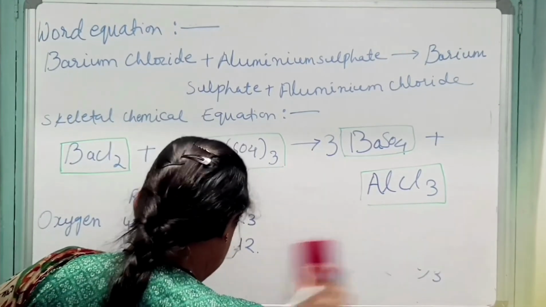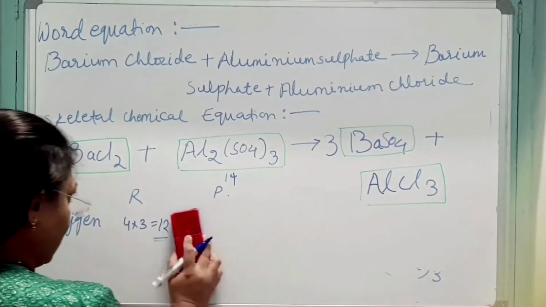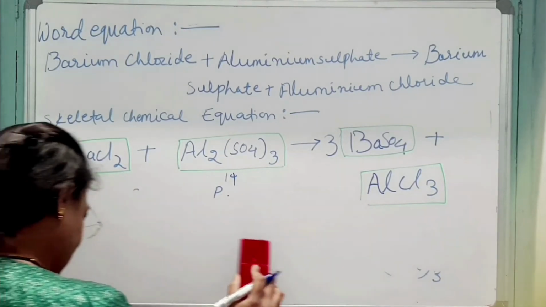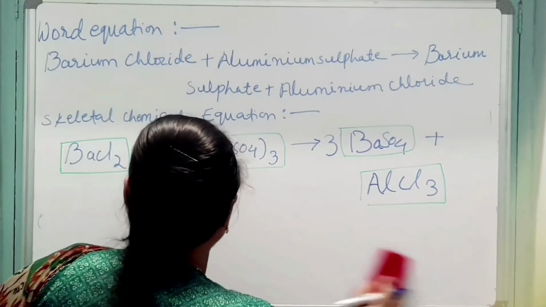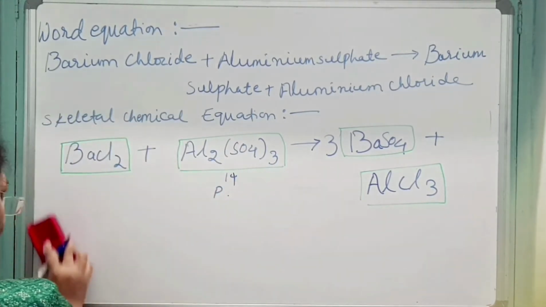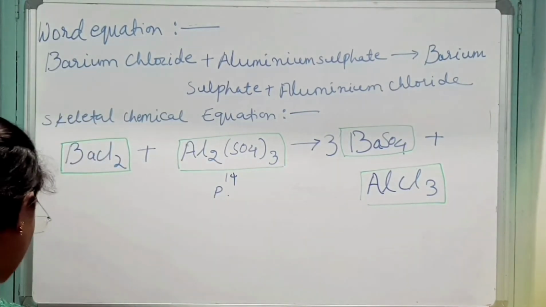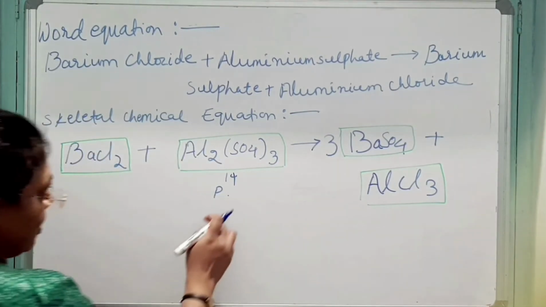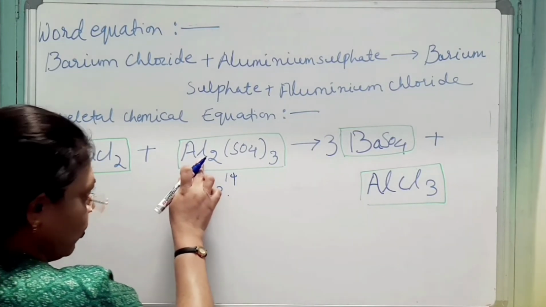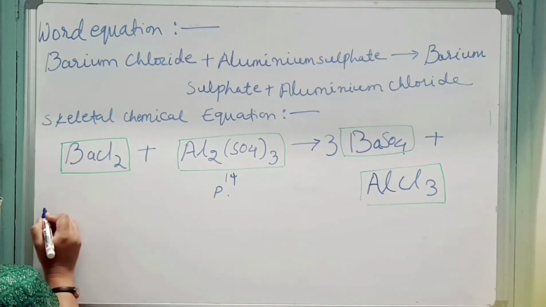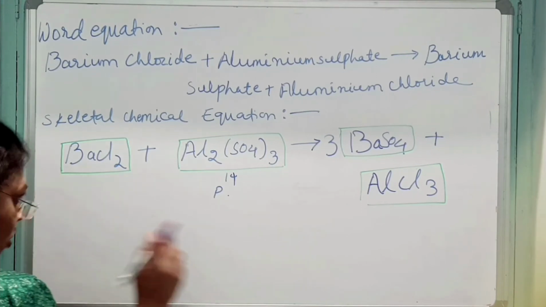Okay, now after balancing oxygen, the maximum number of atoms is Al, 2. So in step 3 we have balanced oxygen.